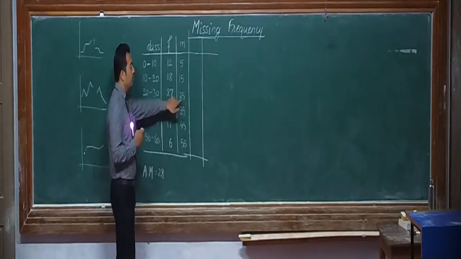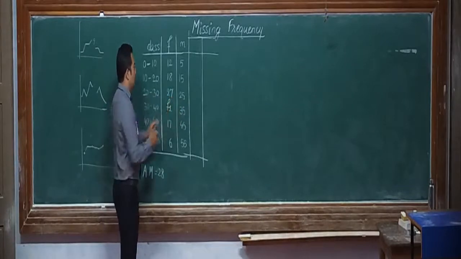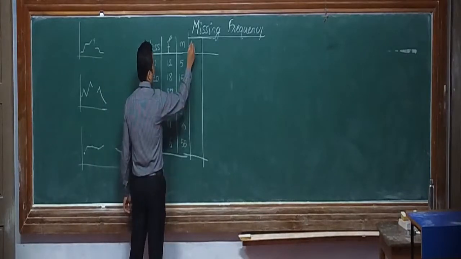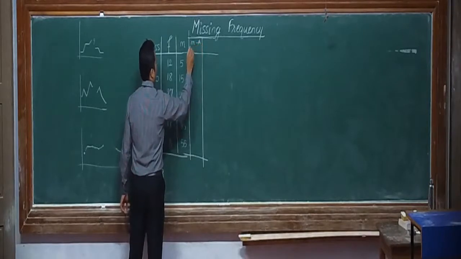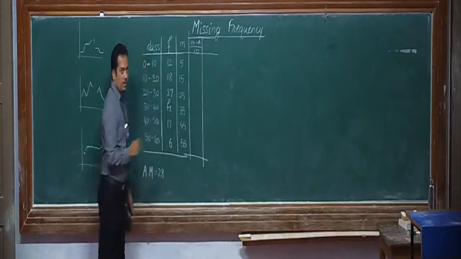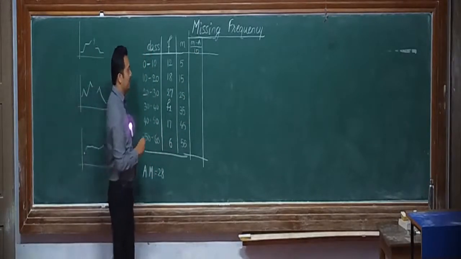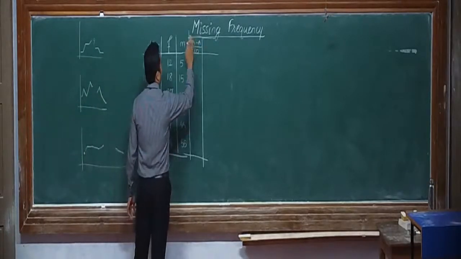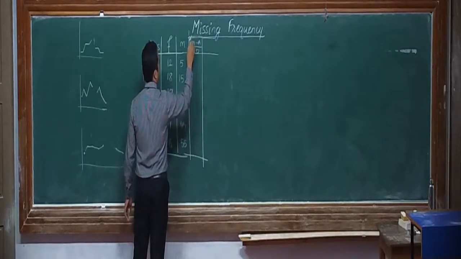So let me assume the mean as 25. So here I need to find m minus my assumed mean divided by the width of the class, which is 10. Okay, so that is nothing but our x dash.